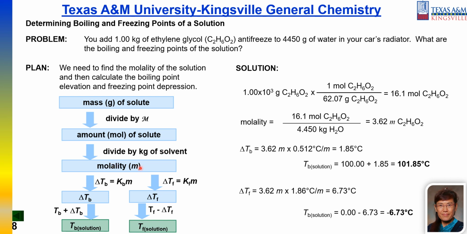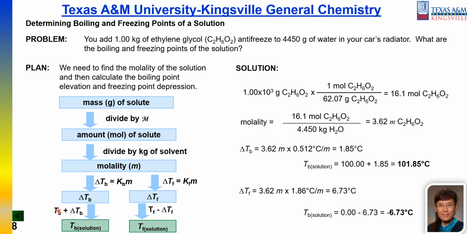After you determine your molality, you calculate your delta TB and delta TF. Delta TB equals Kb times m. Delta TF, the freezing point depression, equals Kf times molality m. From there, you calculate the boiling point of the solution.